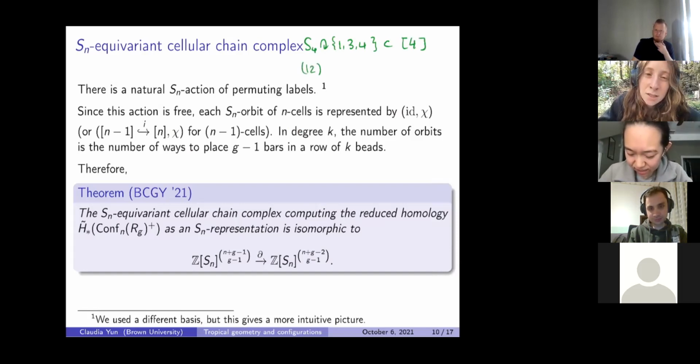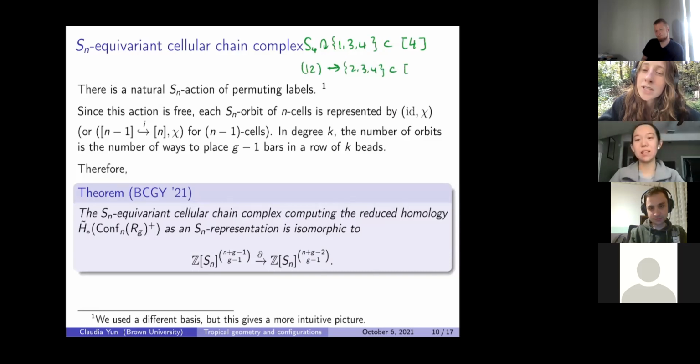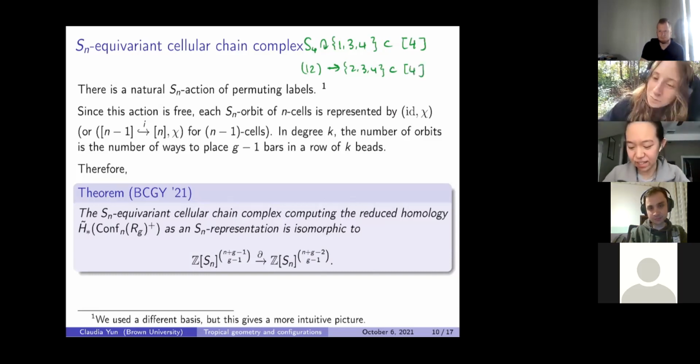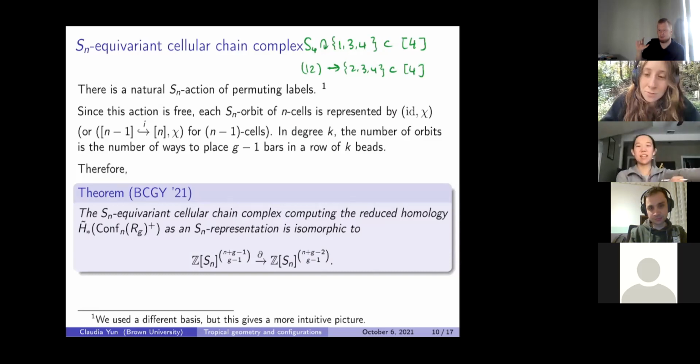It's just going to give you 2, 3, 4. So it really is acting on subsets of size 3 of 4. Yeah, totally. Sorry, it doesn't act on this particular subset alone, but it acts on all n-1 subsets of n bracket, and this action is free. Got it. Thank you. Okay.